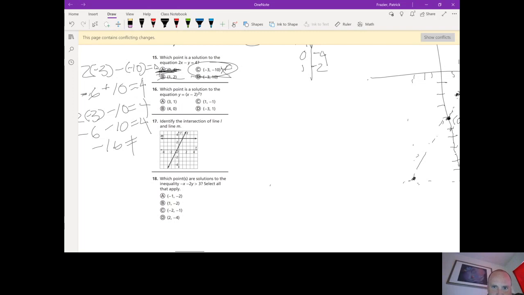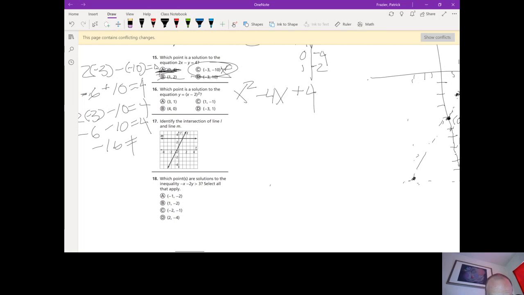In fact, that will be x squared minus 4x plus 4, and it's going to have a U shape like that. But we don't have to worry about that. We'll just plug in the numbers.